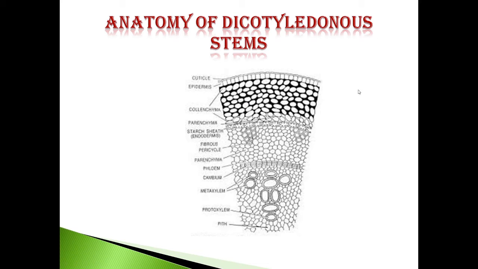The next region of the cortex is the parenchyma region. The parenchyma cells are generally irregular in shape, having thin walls and are not generally elongated in any direction. They are living cells and contain a moderate amount of protoplast. When they are exposed to light, they develop chloroplasts and are known as chlorenchyma cells.